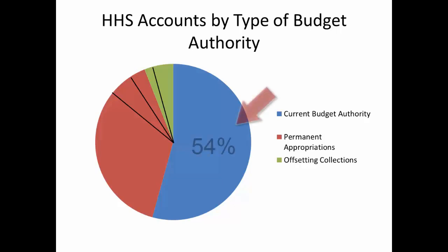So they are included in the 54% or blue portion of the chart. My intent in this module has been to focus on accounts which receive resources exclusively from authorities established in permanent law. Let's wrap up by summarizing and comparing how we answer our 5 basic questions concerning appropriations.